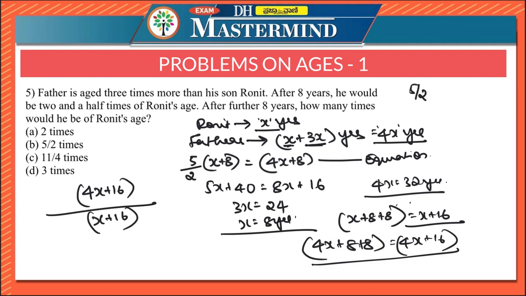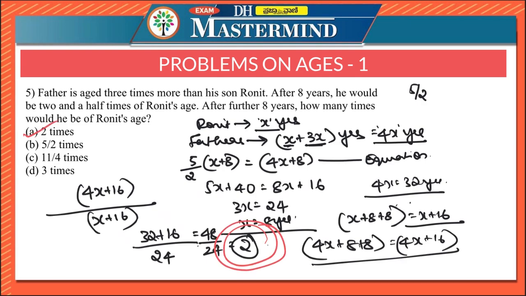What is x here? 8. So 32 plus 16 divided by 8 plus 16 is 48 by 24, which is equal to 2. Therefore, after a further 8 years, Ronit's father's age would be 2 times Ronit's age. Please remember, it would be 2 times. Therefore, the right option is option A, 2 times.